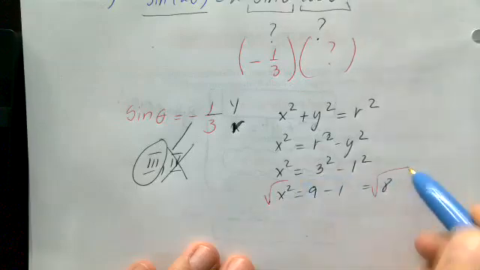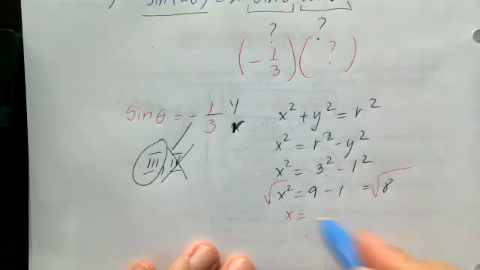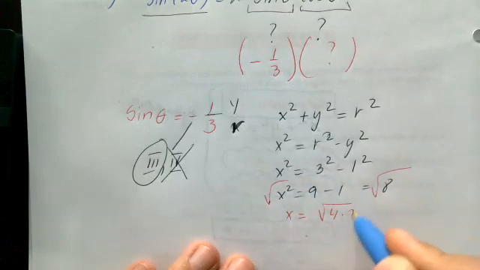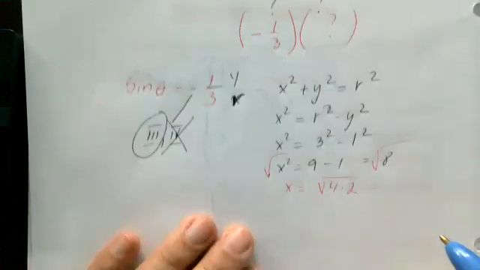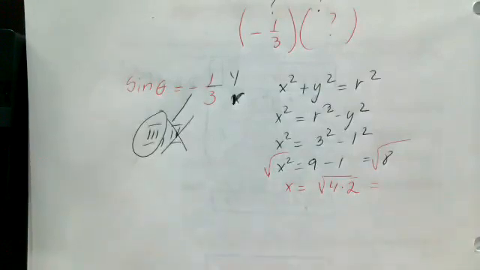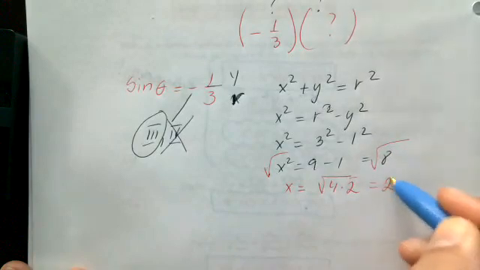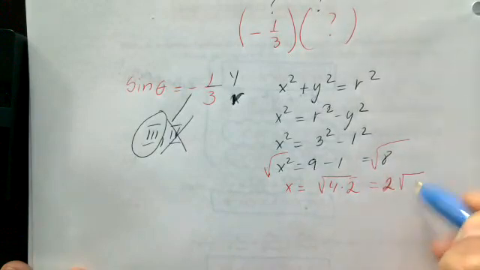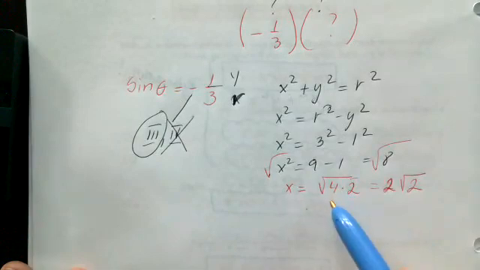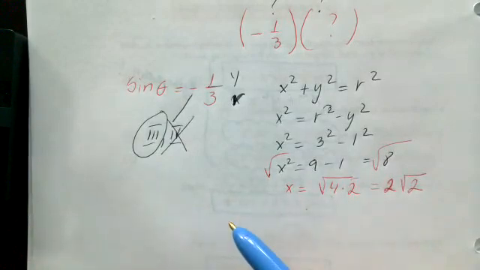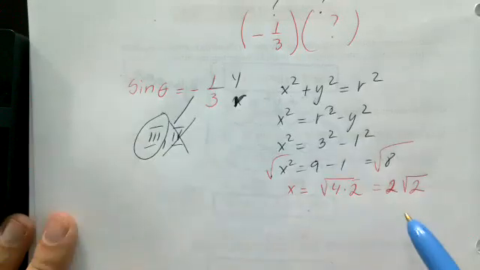Square root of both sides. X is equal square root of 4 times 2. It was square root of 2, that's right. And that's just writing a root as a mixed root, because some of the numbers in that factorization can be factored out by doing the root of that number, right? Root of 4 is 2.